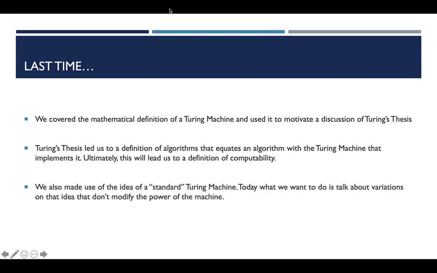But before we get to that point, we want to take a little time and talk about variations on this idea that we introduced last time of a standard Turing machine. Last time we talked about how the definition in the textbook of a standard Turing machine is slightly different from the definition I gave in the lecture slides.